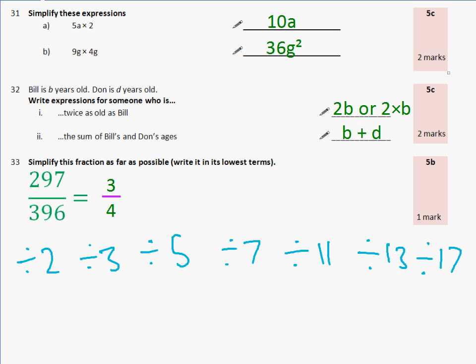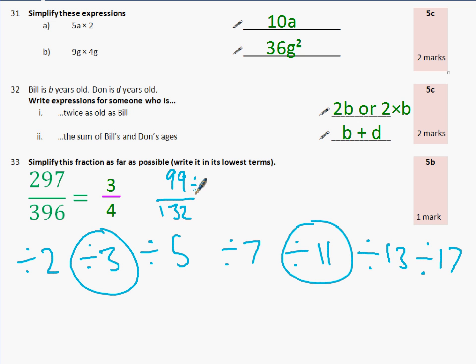And sure enough, if you try dividing by 3, you get 99 over 132. So now you've got 99 and 132. What do they both divide by? They both divide by 11. 99 divided by 11 is 9. 132 divided by 11 is 12.